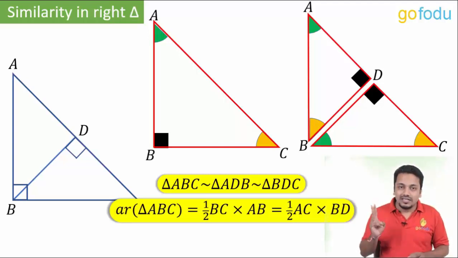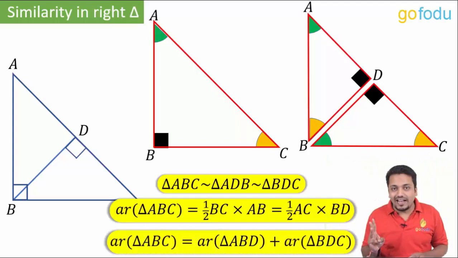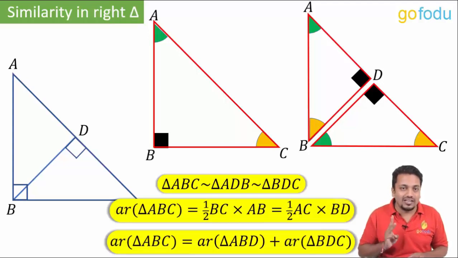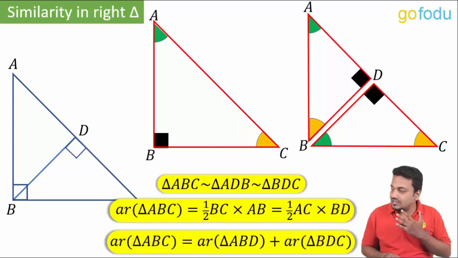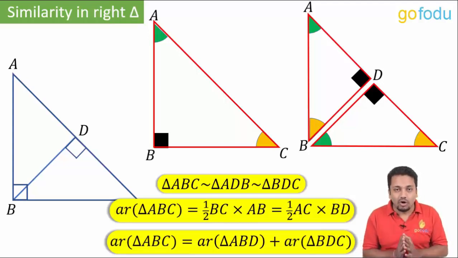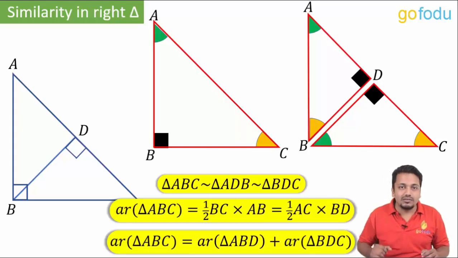Right? Third point, area of bigger triangle will be equal to sum of areas of two smaller triangles. Now these 3 points are very important. Whenever there is an altitude dropped at the hypotenuse, you should keep these 3 points in mind.